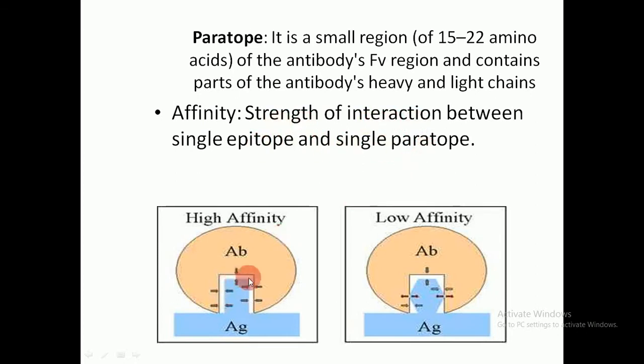When there is complete similarity between the shape of the epitope of the antigen and the paratope of the antibody, it is called high affinity, while when there is a difference in the shape between the antigen and the antibody, it is called low affinity.